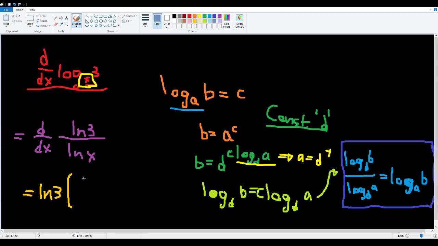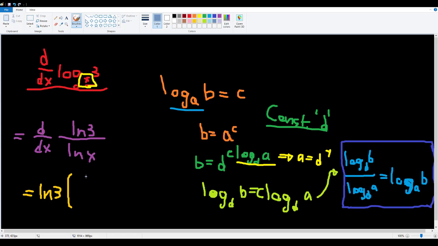And so to do the quotient rule, you do the derivative of the top times the bottom, which is 0, because derivative of 1 is 0. And then minus derivative of the bottom, which is 1 over x. So 1 over x times 1. So it's just going to be 1 over x in the top, and then this one down here is just going to be squared.